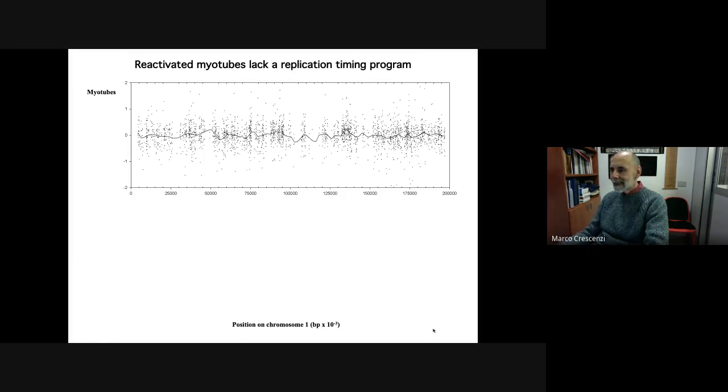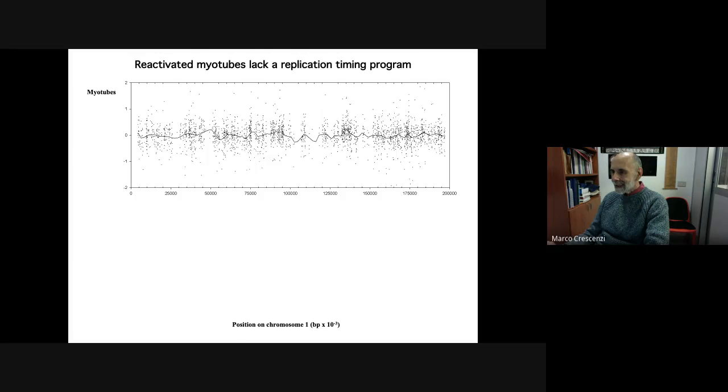Basically, what you're seeing, the small dots are individual points in the microarrays. And the continuous line here is the average of the signals present in those dots. And as you can see, this line oscillates around the 0 line, right? That means there is no preference.